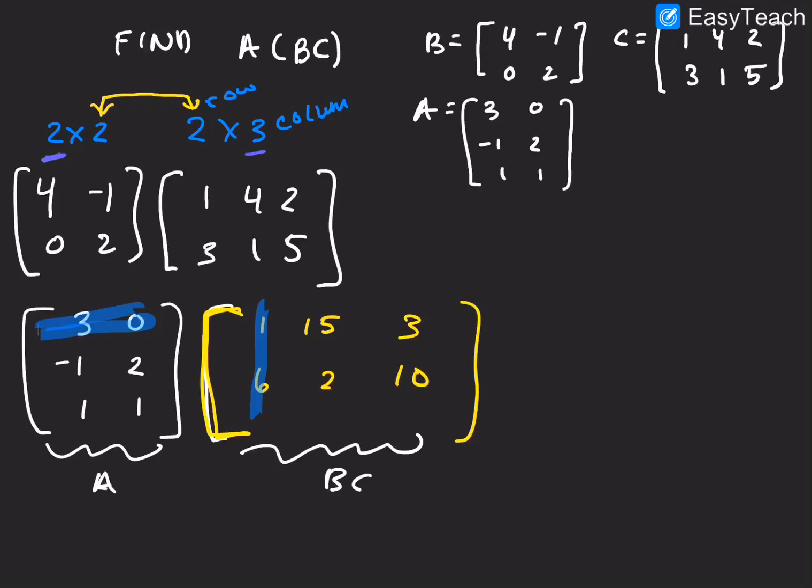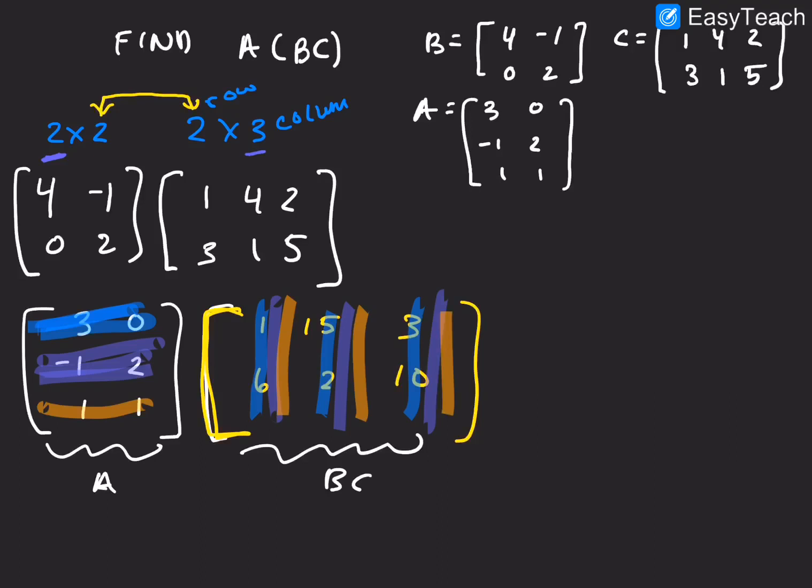And then that first row again, multiply that column. And then that first row to that column. And once I'm done with that, I'll have to do this row with this first column, and then that row with this second column. That same row with the third column. Then I'll do this last row of A, and I'll multiply it to those columns.